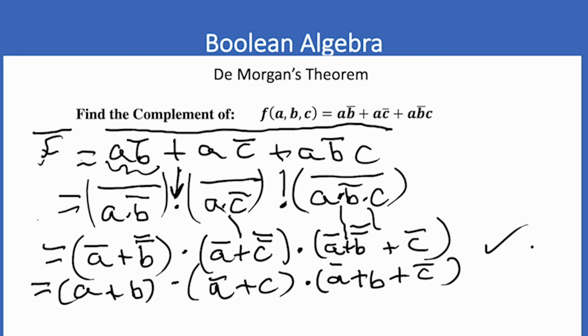Okay, the complement of this function right here is equal to this function right here. Again, what does a complement mean? Well, if you look at a function, we're going to talk about truth tables, it's going to have values where it's 1 and values where it's 0, or values where the function is true and values where the function is false.